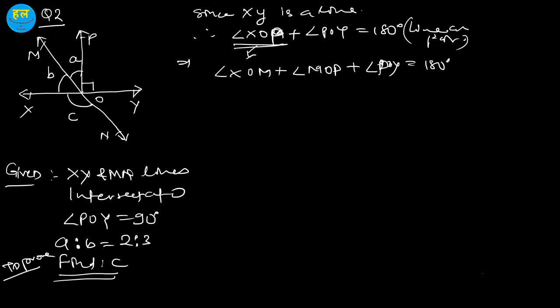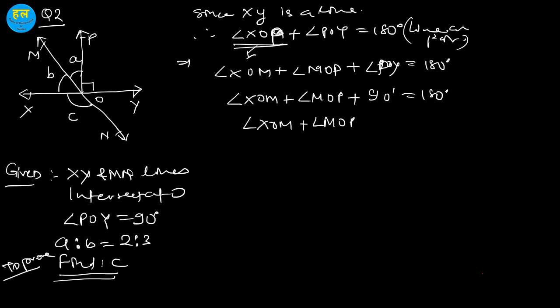Therefore angle XOM plus angle MOP plus 90 degree is equal to 180 degree, or angle XOM plus angle MOP is equal to 180 minus 90 is 90 degree. So this is what we get, that angle XOM, that means angle A plus angle B is equal to 90 degree.